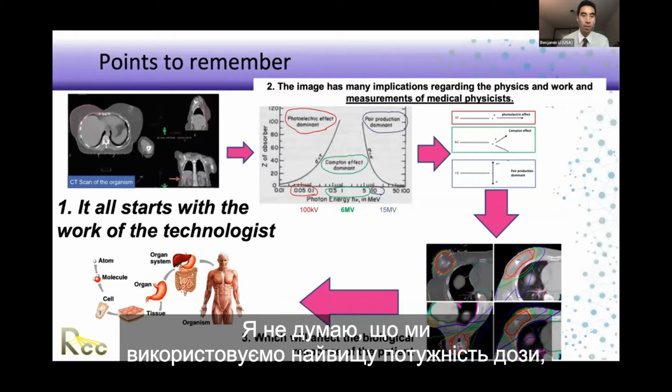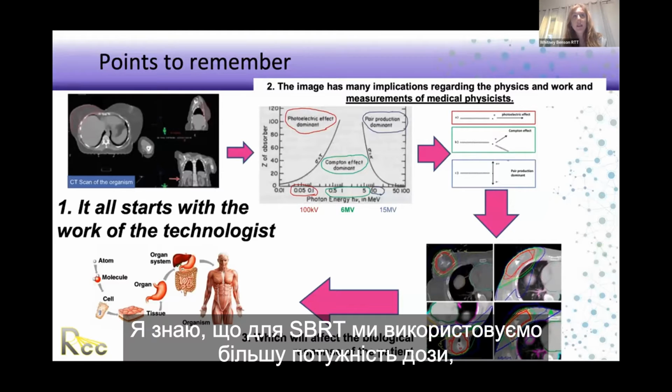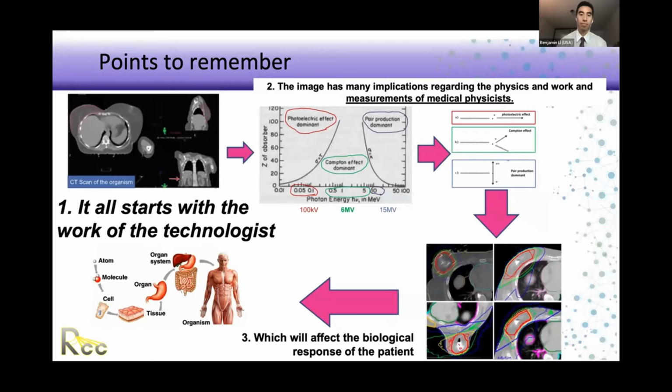I don't think we use the highest dose rate, and I also don't think we use the lowest dose rate. I know for SBRTs we'll go a higher dose rate, but generally we do a 600 dose rate for regular IMRT plans. Yeah, that's right. Thanks, Whitney.